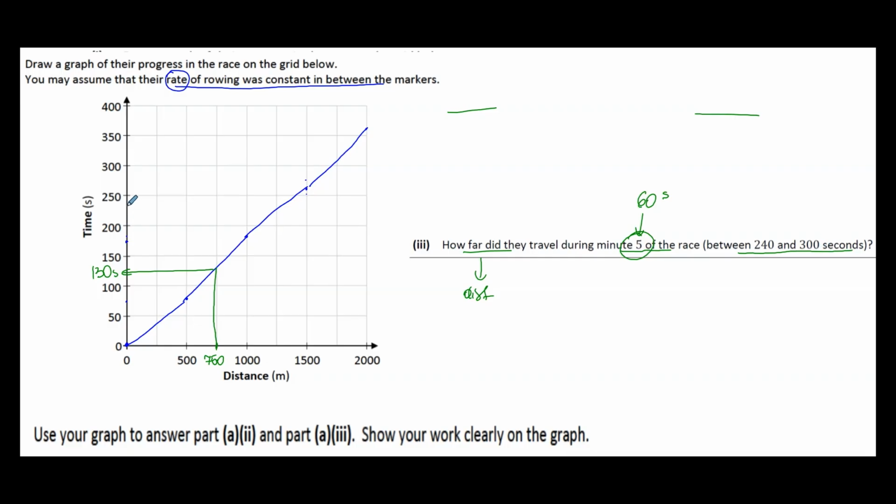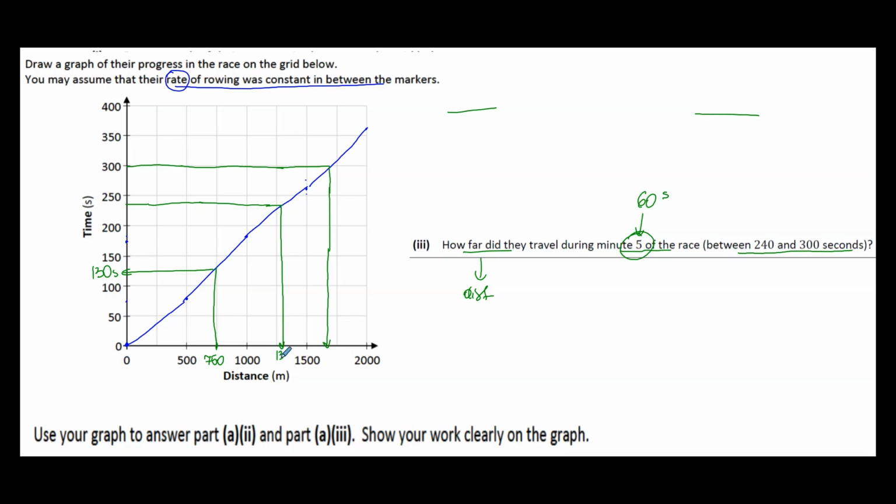240. So again, we go across and down to read the value. And then the second one, 300. Again, this is an estimation.